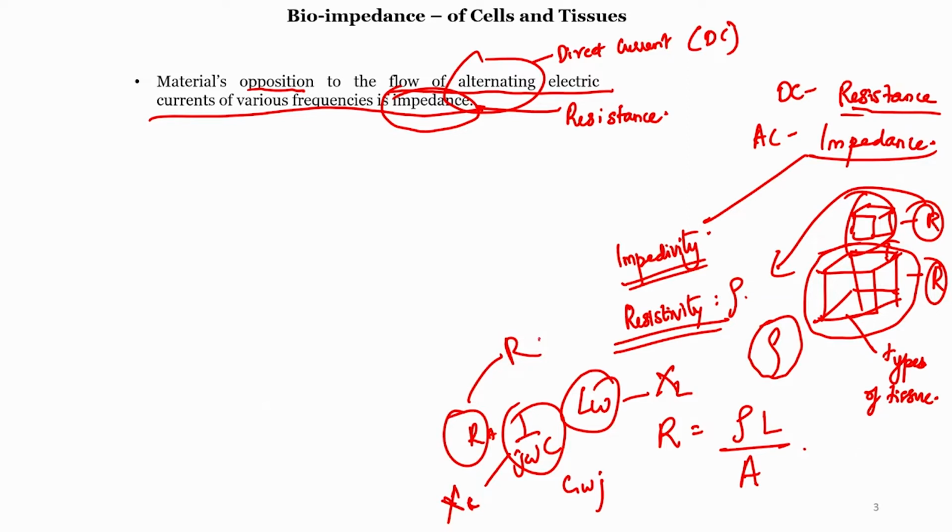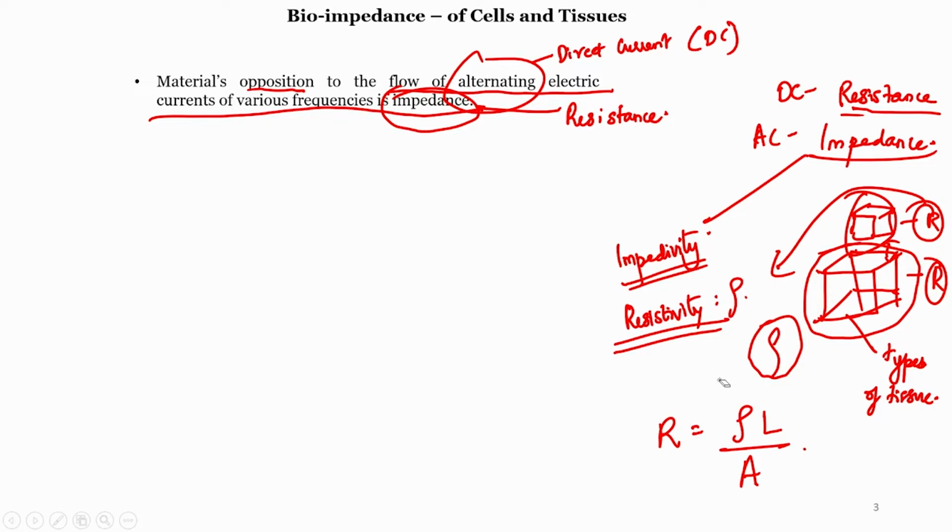So, that is how impedivity is different from resistivity. But the idea is that impedivity is a more general term, we can always derive resistivity from the impedivity value, because what is impedivity? Impedivity is the specific property of the opposition to the flow of current normalized to the dimensions as a function of frequency, right.